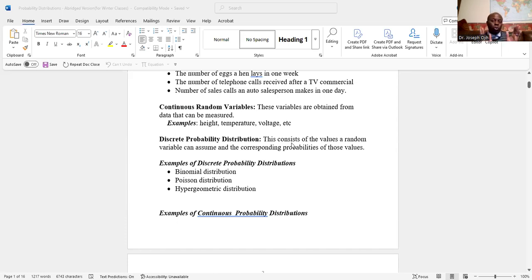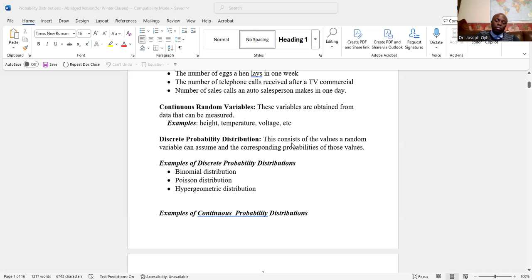Which brings us down to what we have today. This week and next week, we'll be working on discrete probability distribution. A discrete probability distribution is the values a random variable can assume and their corresponding probabilities.